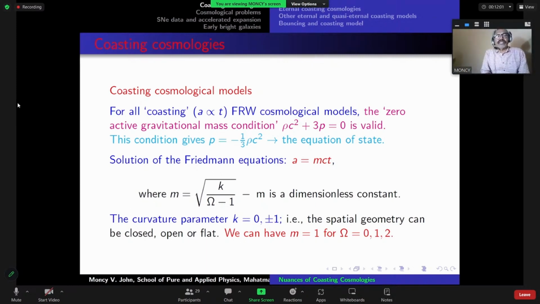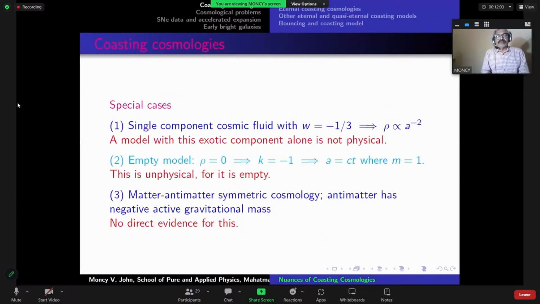So let us now consider some special cases of this. If we consider only a single component cosmic fluid, the equation of state parameter is -1/3, that is, rho varies as a to the power -2. But this kind of a component is exotic, and such a model is not physical.